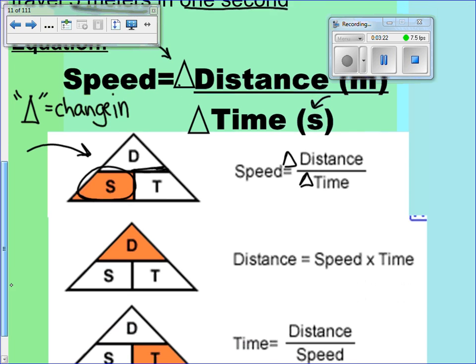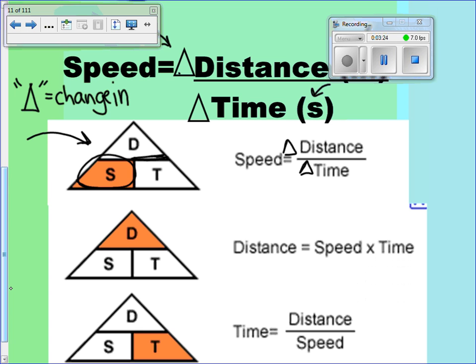So now, typically what you would have to do in algebra is a one-step equation. Let's say you wanted to solve for distance. Typically you would have to multiply both sides of the equation by time. The time would cancel out, and then you would get change in distance equals time times speed.